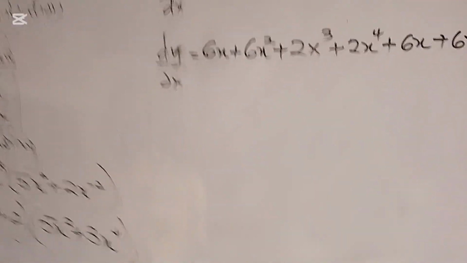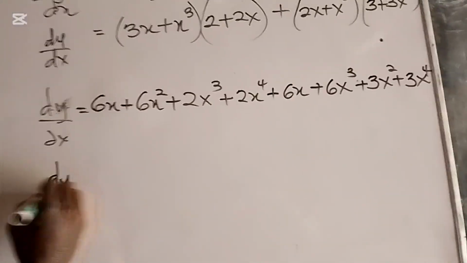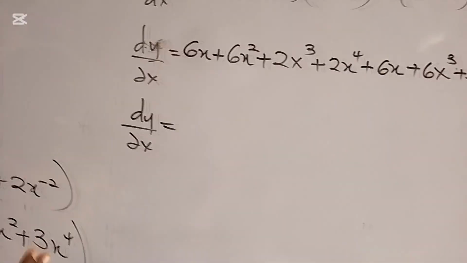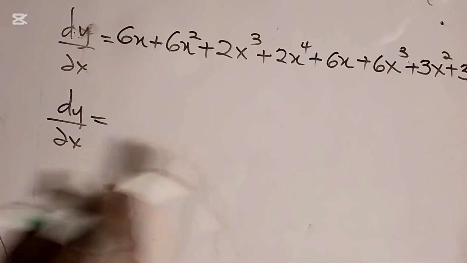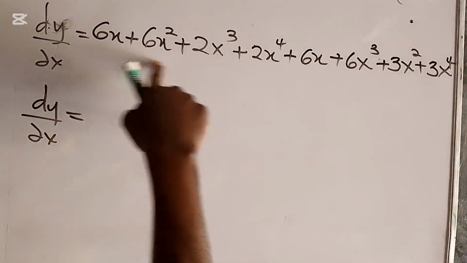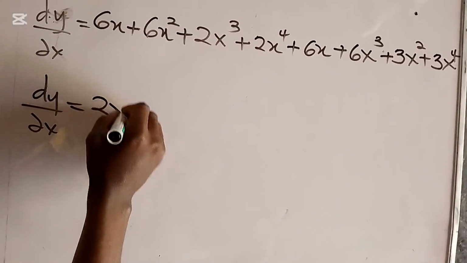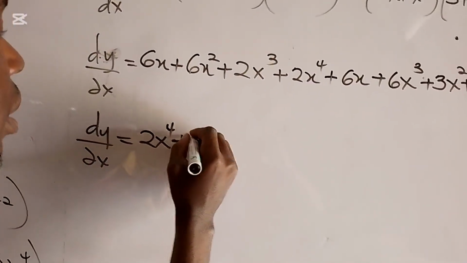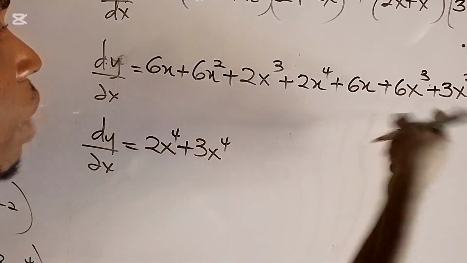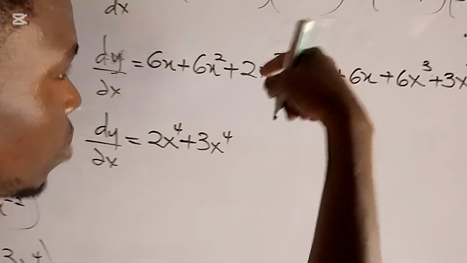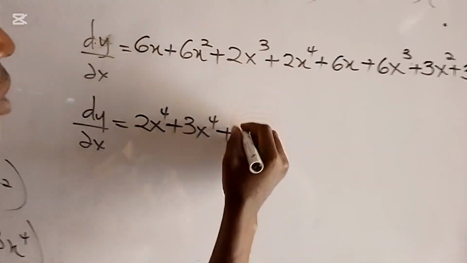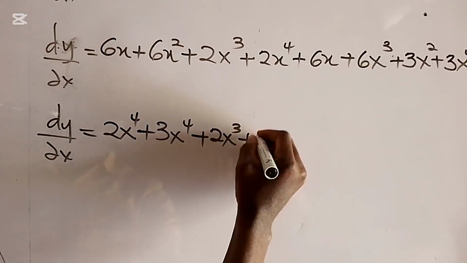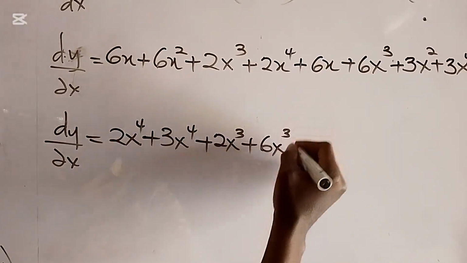Now what do we do? We group like terms. The 4th power comes first, followed by the 3rd, the 2nd, then the 1st. So we have 2x to the 4th power, then plus 3x to the 4th power. Then we move to the 3rd power: 2x to the 3rd power plus 6x to the 3rd power.